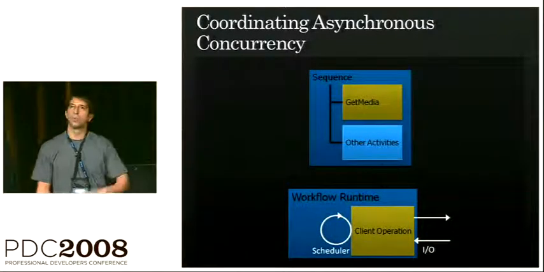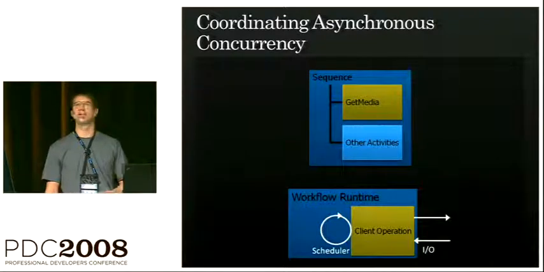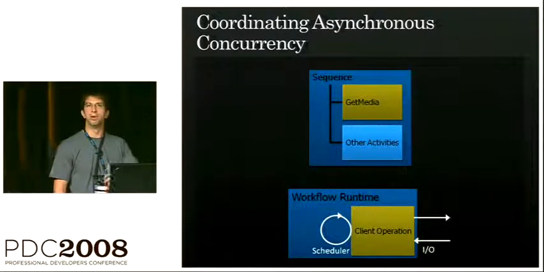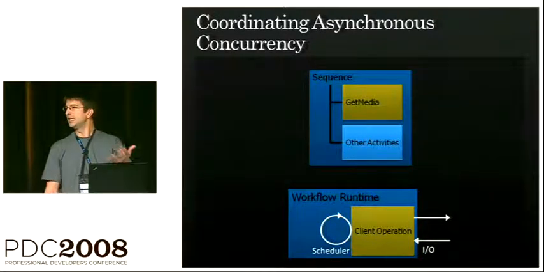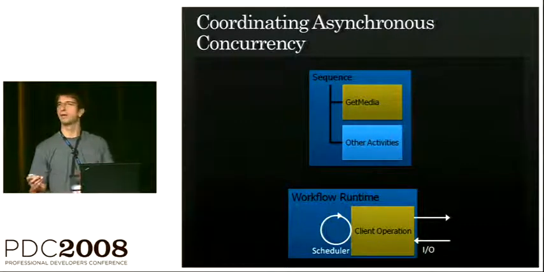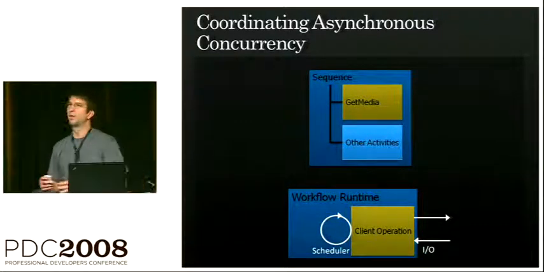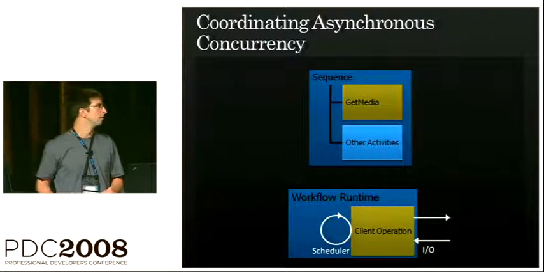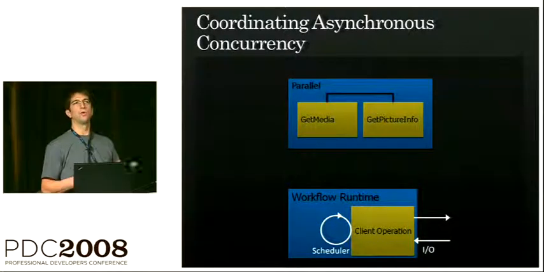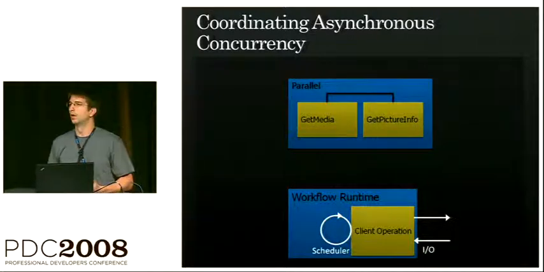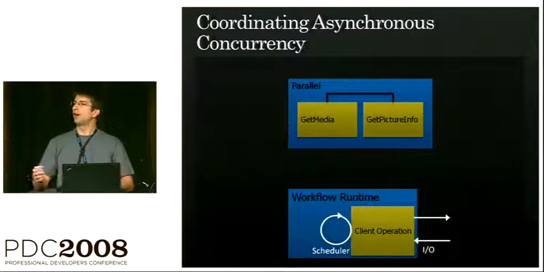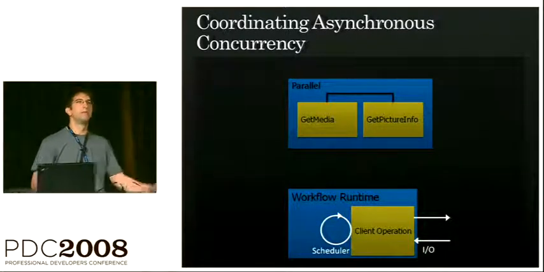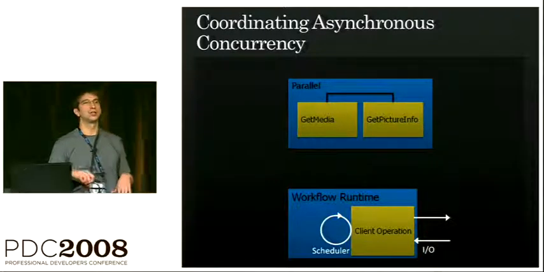So workflow is a natural way to express the coordination of asynchronous work. Here I'm just composing an activity, get media. Get media is an example of a client operation. I've composed it into a sequence along with some other activities. I get true parallelism in 4.0. When I've got these two client operations in a parallel, they both get off of the scheduler thread.